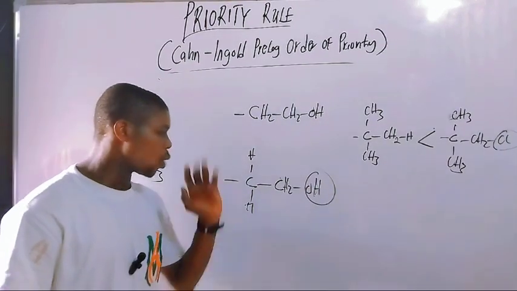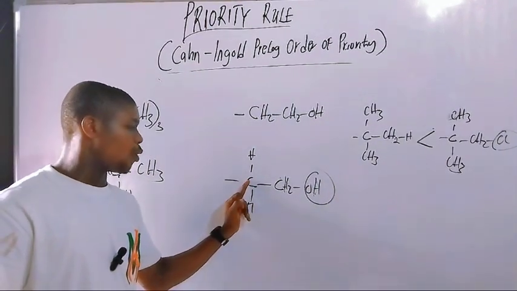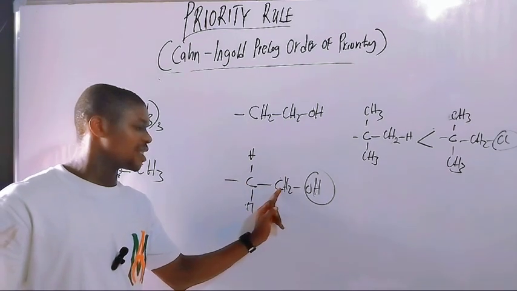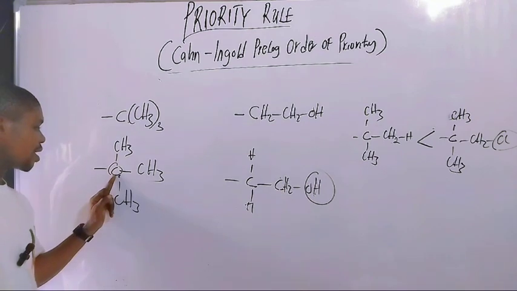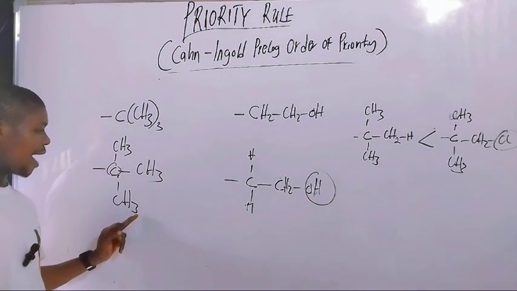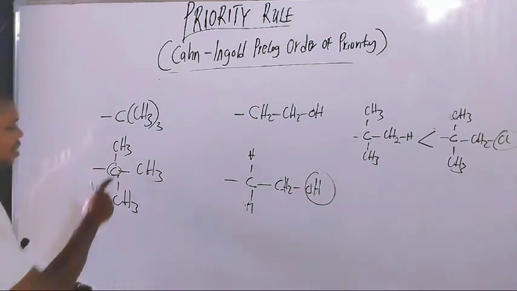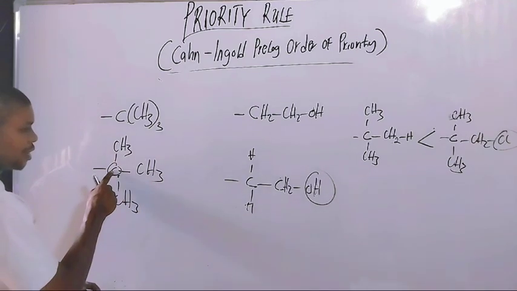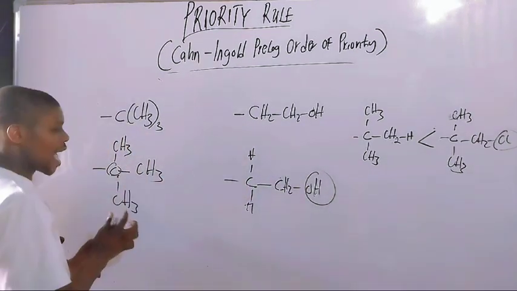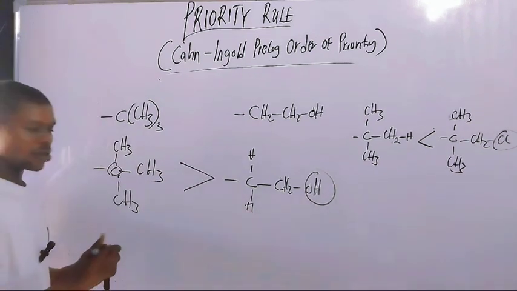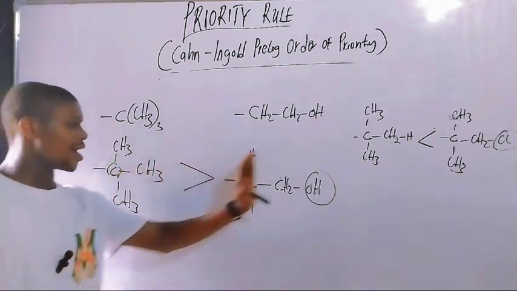What is important is what is directly attached to this carbon: this carbon and 2 hydrogen. This carbon here we have 3 carbon attached to it, and this will only have 1 carbon attached and 2 hydrogen. This guy will attract this guy, and so this will attract this.